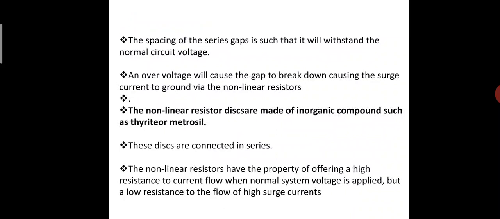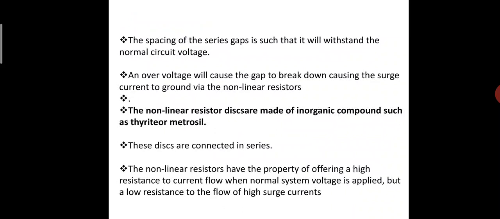The spacing of the series gap is such that it will withstand the normal circuit voltage, and an overvoltage will cause the gap to break down, causing the surge current to go to ground via the non-linear resistor.